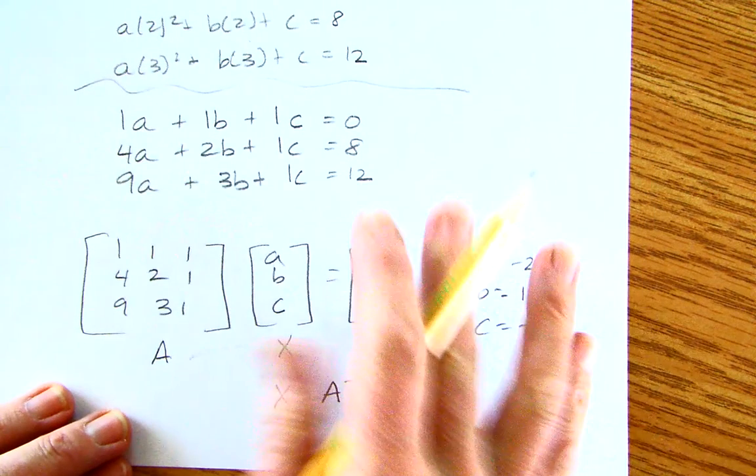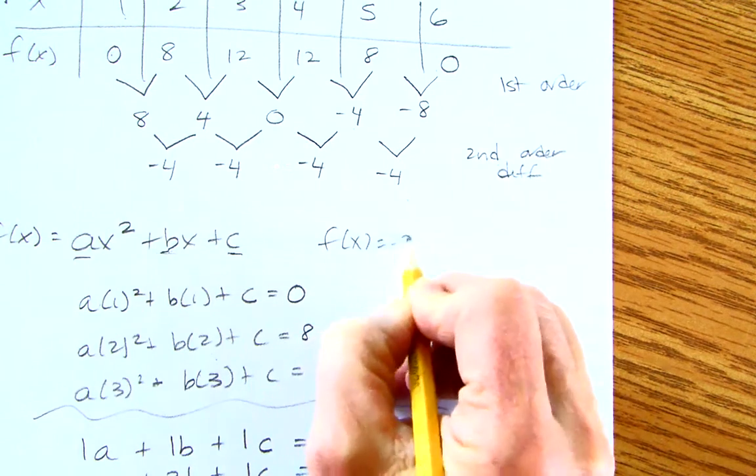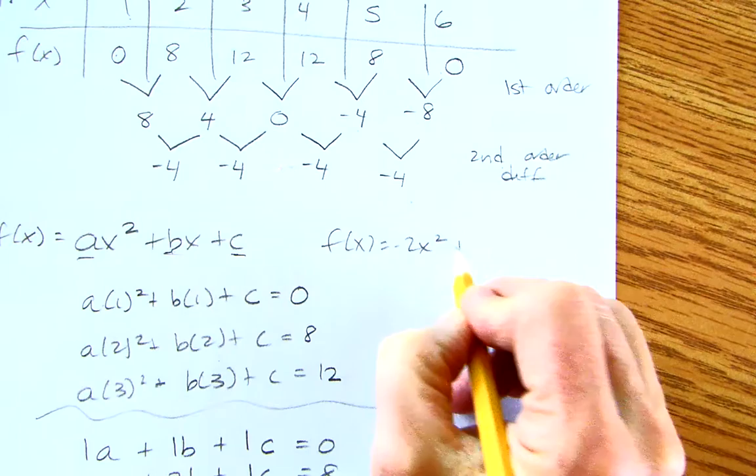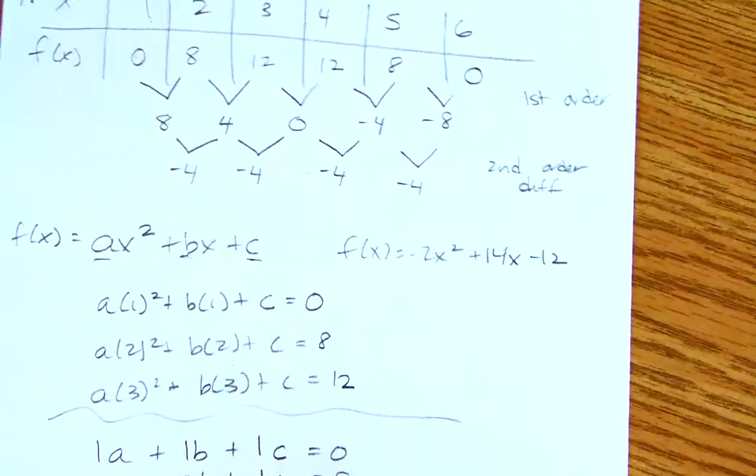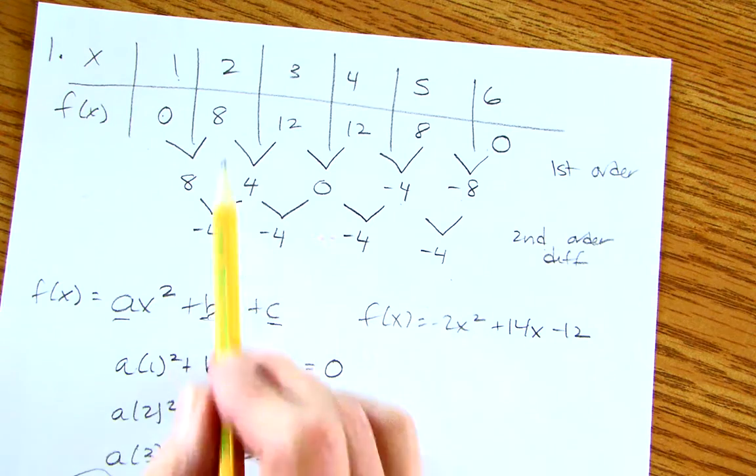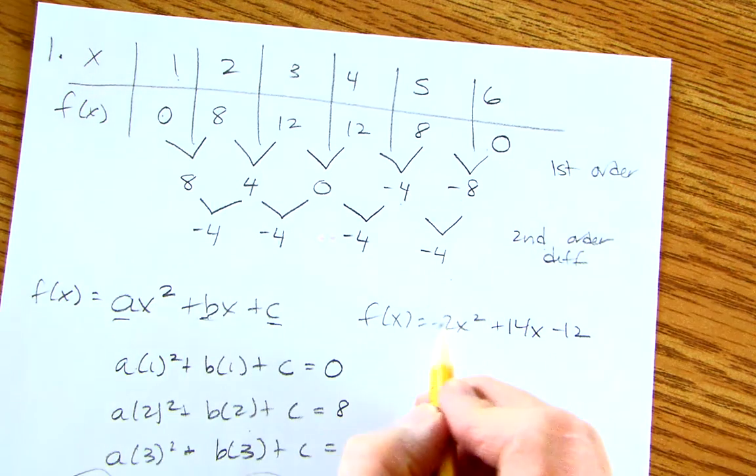So if I come back up here to my function, f of x is negative 2x squared plus 14x minus 12. And again, if I plot that function, these points should be on it.